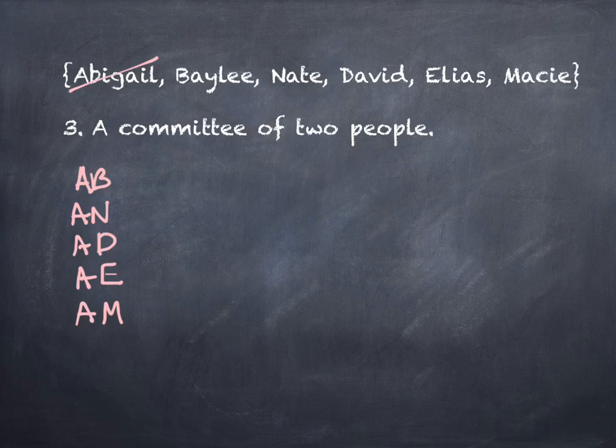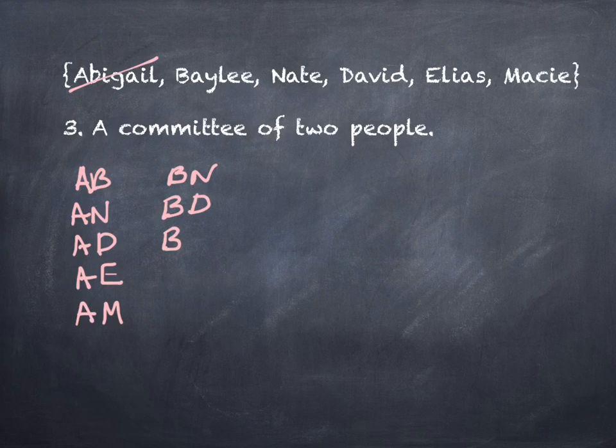But there are other committees that Bailey could be on, correct? So we're going to start now with Bailey. Bailey's already been with Abby, so I'm never going to write down another A on this problem, okay? Because I would duplicate what I already did. If I write down BA, that's the same committee as AB. So I'm not writing down BA. But I could write down B what? N for Bailey Nate, or Bailey David, right?